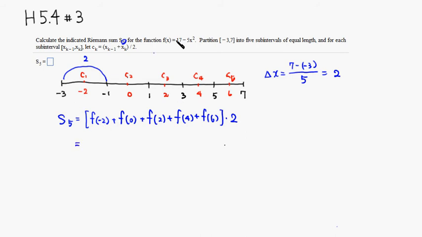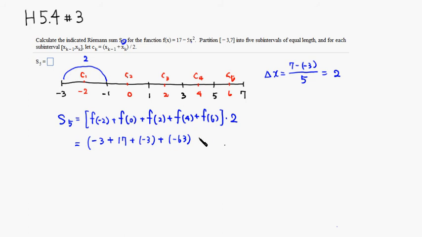So if you plug in -2 into this function, -2 squared is 4, -5 times 4 is -20, so 17 minus 20 would be -3. And if you plug in 0, that's obviously 17. If you plug in 2, it's the same thing, it's going to be -3. And if you plug in 4, 4 squared is 16, and 16 times 5 would be 80, so it's going to be -63.